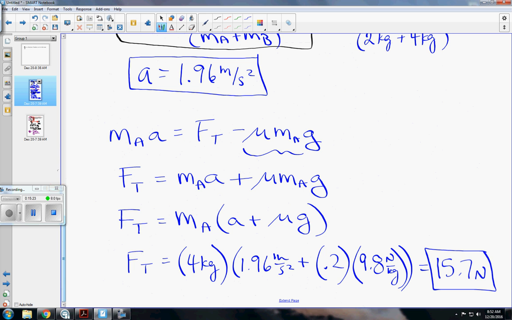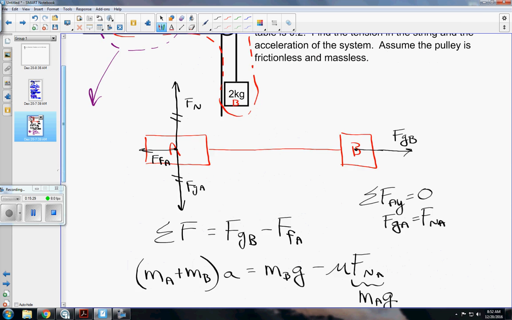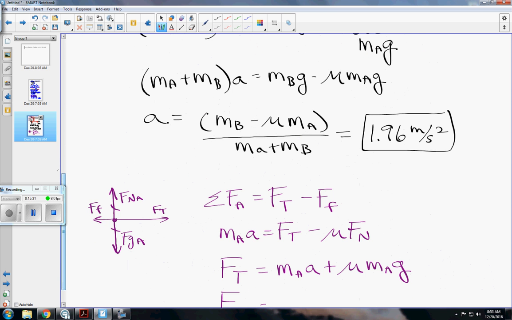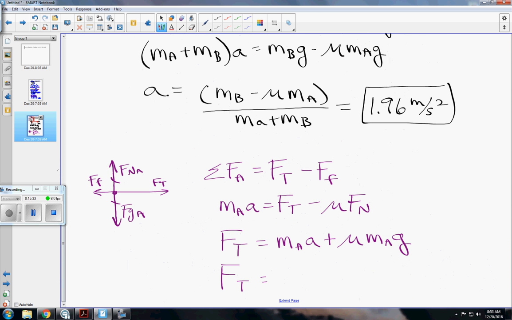Right here. That's the same equation. So you're going to get the same value for force of tension, which is 15.7 newtons. So those are two methods for solving the Atwood machine problems.